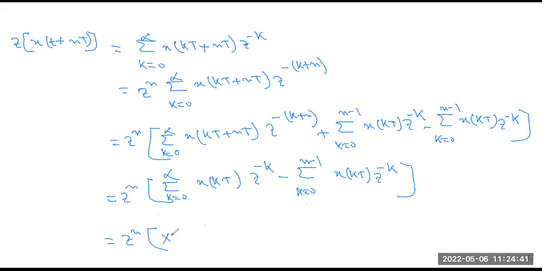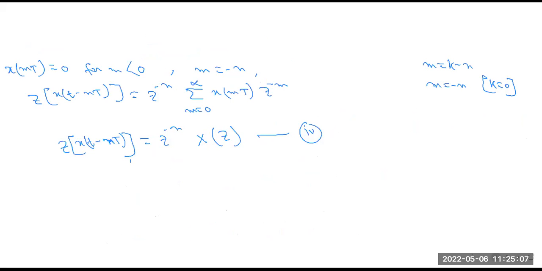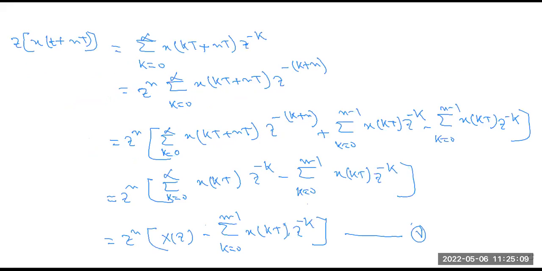You know that it is X(z) minus the rest of the part, k equal to 0 to n minus 1 x of kT z to the power minus k. So this is another function, I think equation number 5. These two equations, please remember.